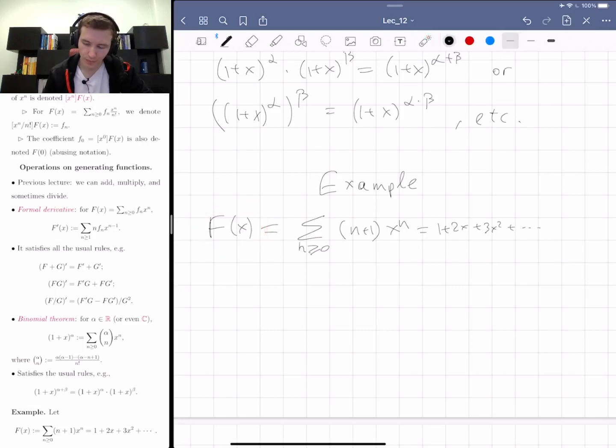Question: how do we compute this? How do we find some kind of closed formula for a generating function like this?